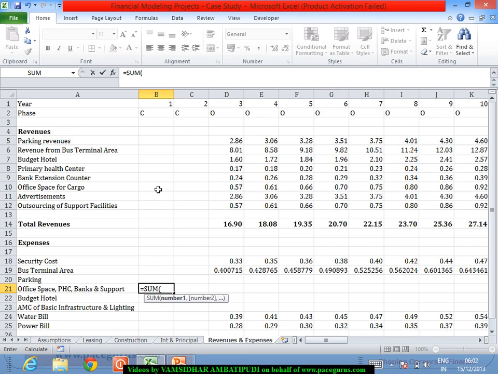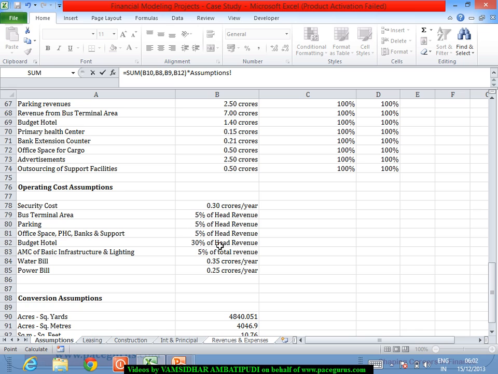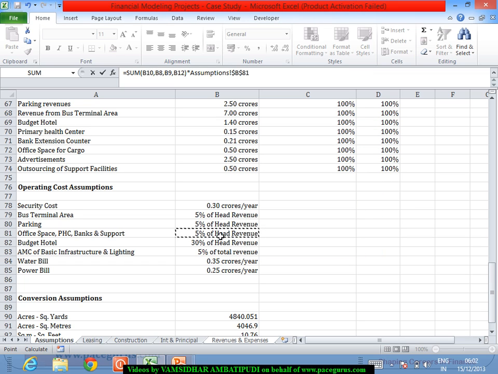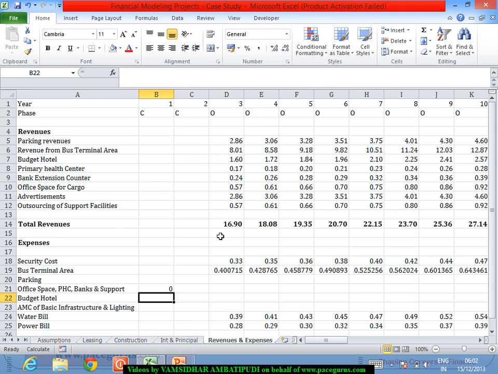So I'll take the summation of office space, PHC, bank and support. All these costs multiplied by whatever is the maintenance corresponding to it, 5% of the head revenue, right? 5% of the head revenue, the summation of all these numbers.